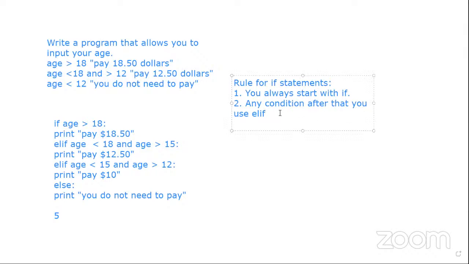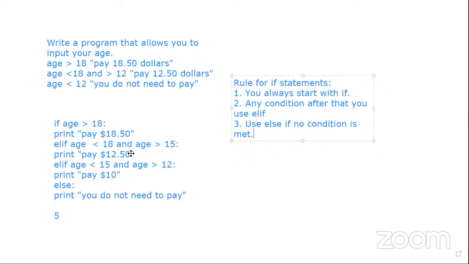And then the third rule is you use else if no condition is met. So that's the 3 rules of if statements: you always start with if, then any condition after that you use elif, and then you use else if no condition is met.